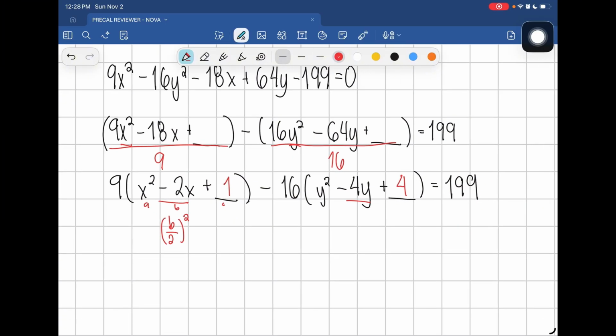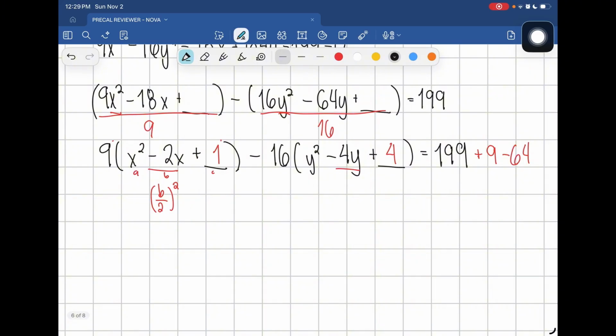After that, since we added some numbers here, we also want to add numbers here in order to balance the equation. So let's do that. So 9 times 1 becomes positive 9, and negative 16 times 4 becomes negative 64.